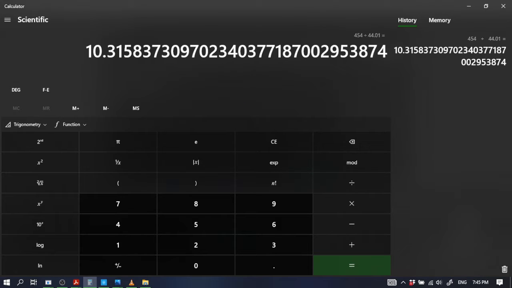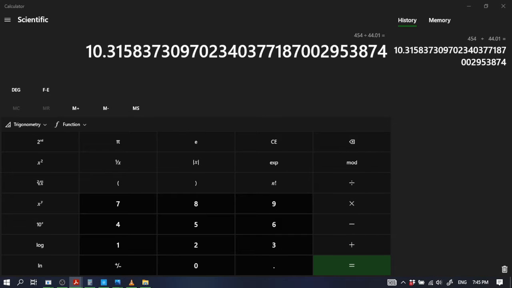Because we are looking for moles, the answer is in moles, so there are 10.3 moles of carbon dioxide in 454 grams of carbon dioxide. So just simple as that.